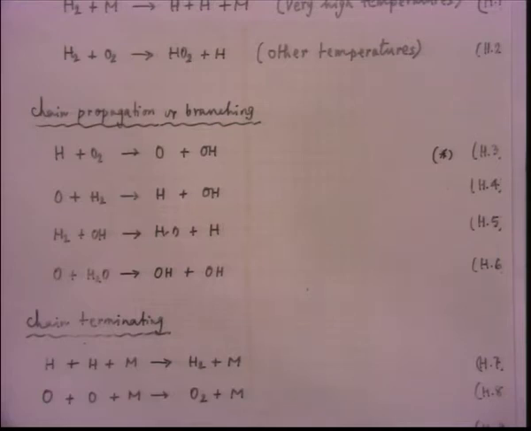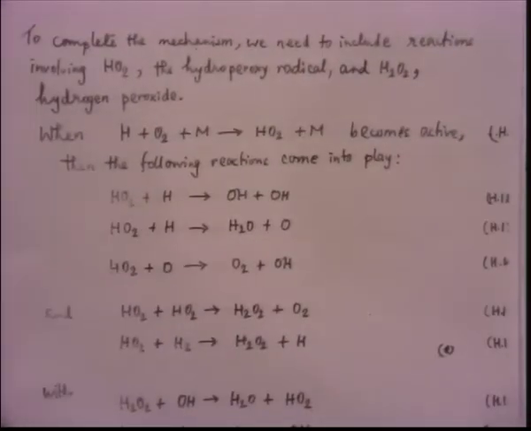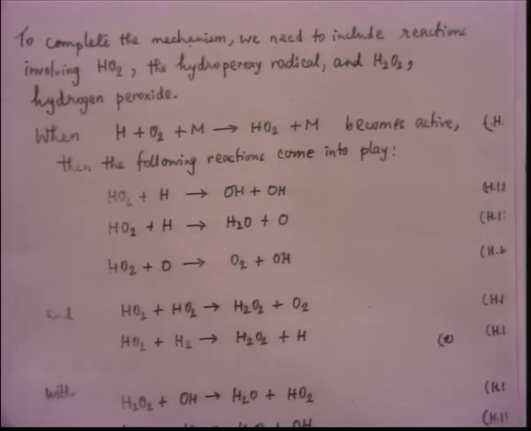Now, as long as we have crossed the first limit and we are in the explosive regime, this reaction is in fact very strong, and this helps subsequent reactions because it helps in building the pool of radicals. But it has a competitor also.